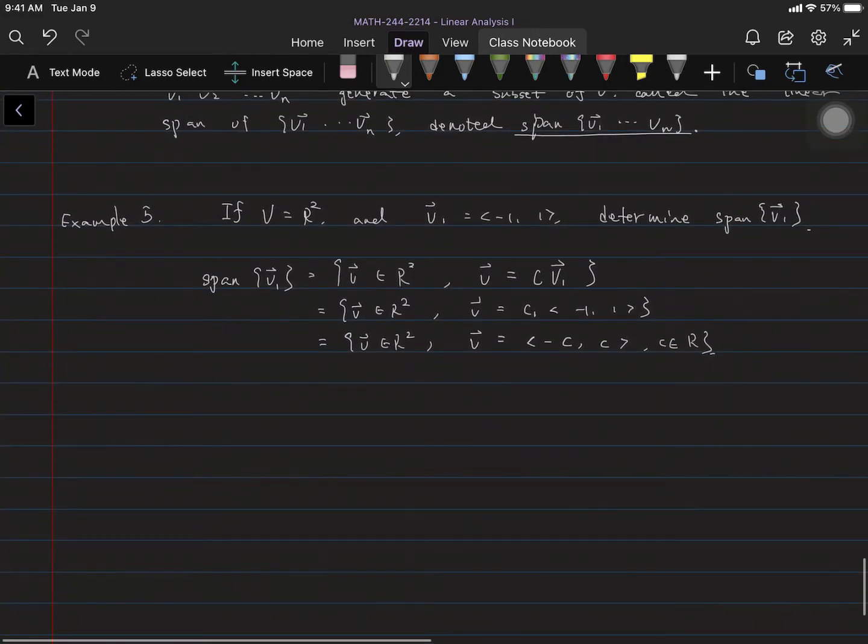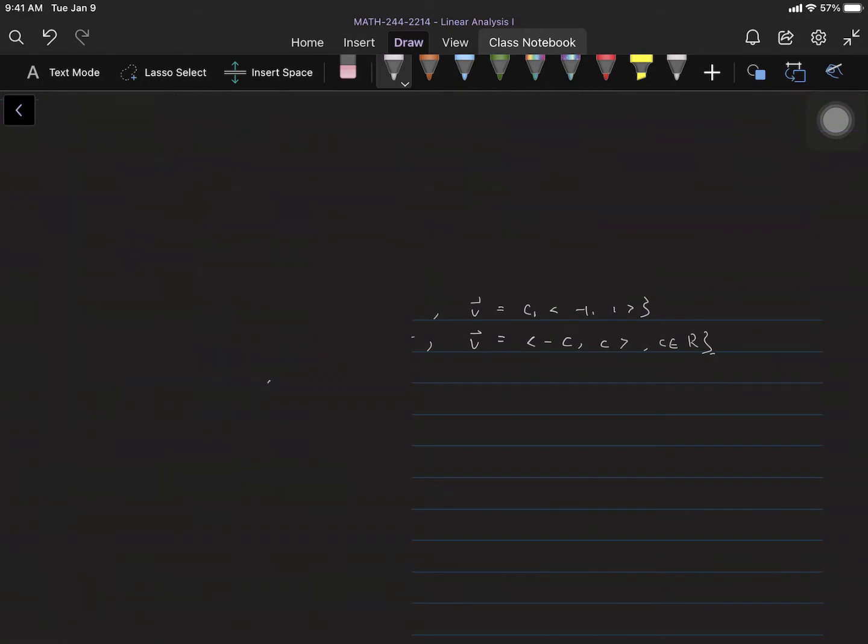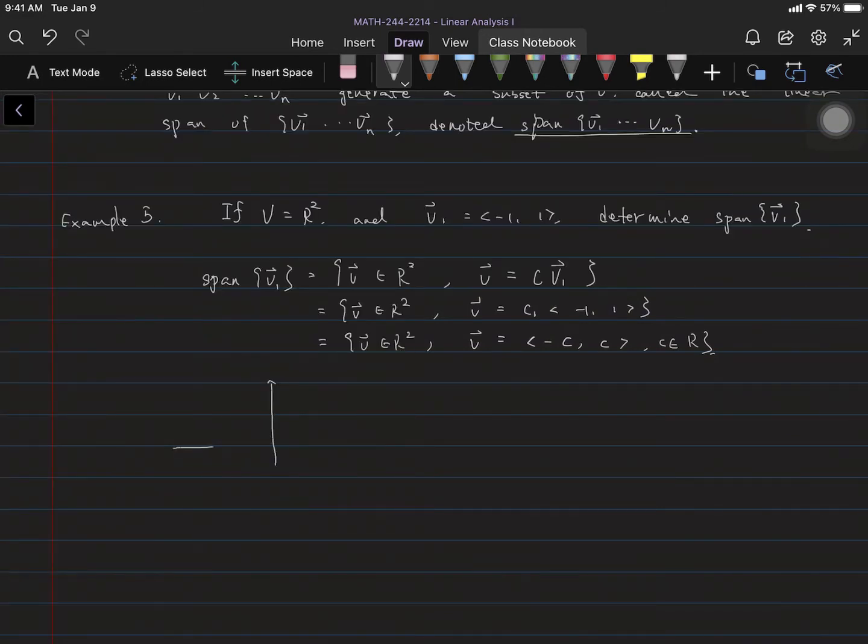Okay, and if we look at the graph, R2 means the whole 2D plane, and here's x and here's y. If we look at (-1, 1), it is here, right? The vector is here, but c can be anything. So if c is 2, it becomes this vector here. If c is negative, it becomes here. So actually c can be anything.